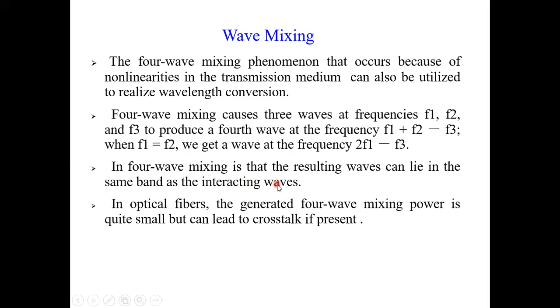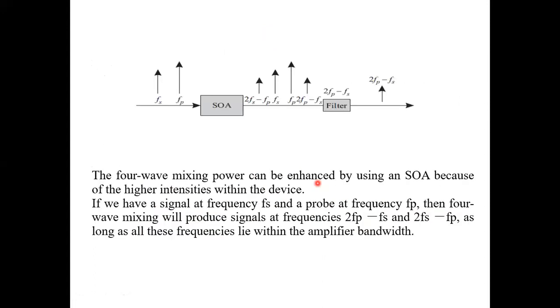In optical fiber, the generated four-wave mixing power is quite small, but it can lead to crosstalk, because since it is lying in the same band, there are chances that crosstalk is present due to four-wave mixing.